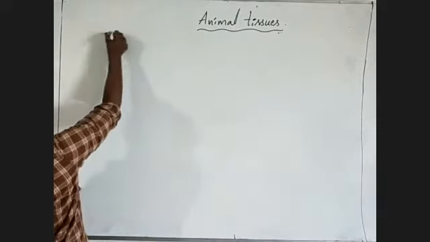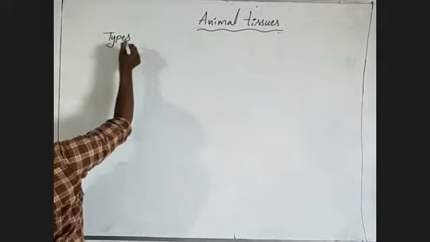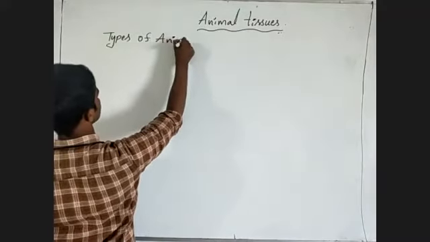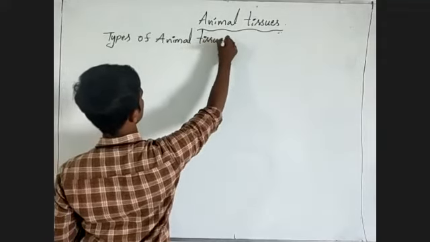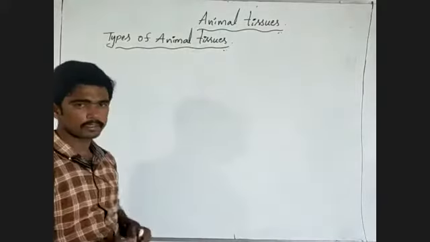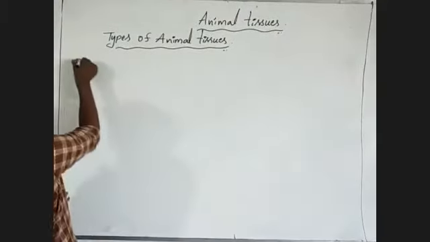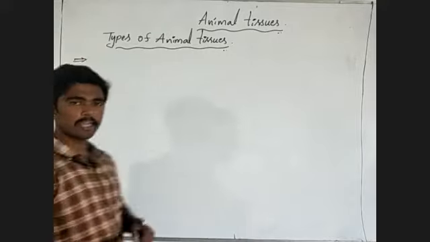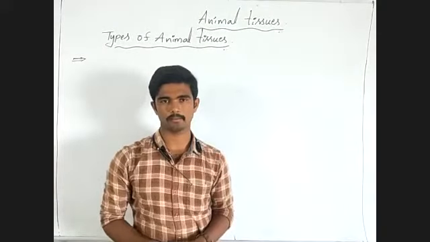Next, types of animal tissue. In animals there are different types of tissues, like in plants.